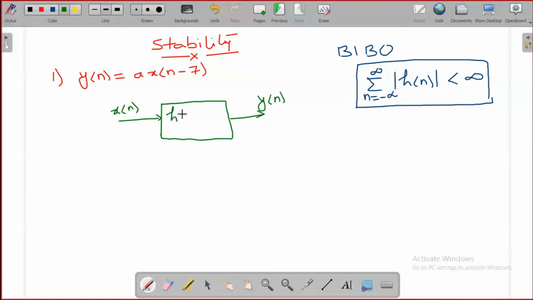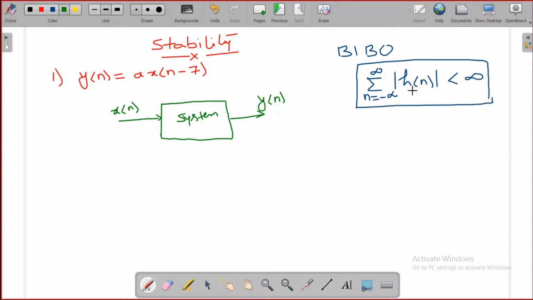Assume it has the impulse response h of n. For easy understanding, let's take this simply as one system, where x of n is your input and y of n is the response of the system.